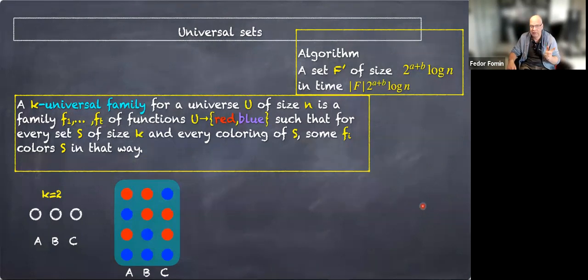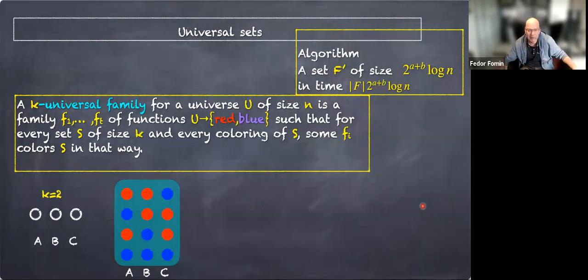The condition is that if I take any subset S of the universe of size k, and any coloring of S in two colors, then there should be at least one of the functions fi which colors the set exactly the same way.